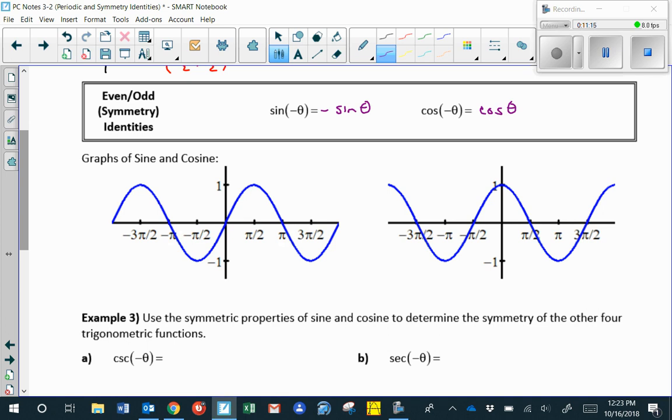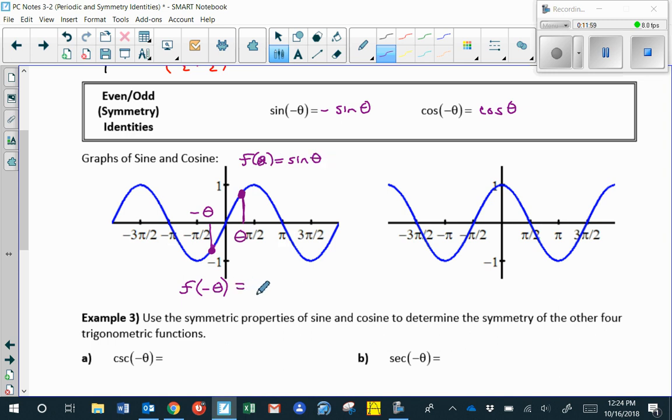But if you remember what the graphs of sine and cosine look like, we can observe the same thing about them through looking at the graphs. So in the graph of sine, if we call the sine function f, then f of theta would be equal to sine of theta.